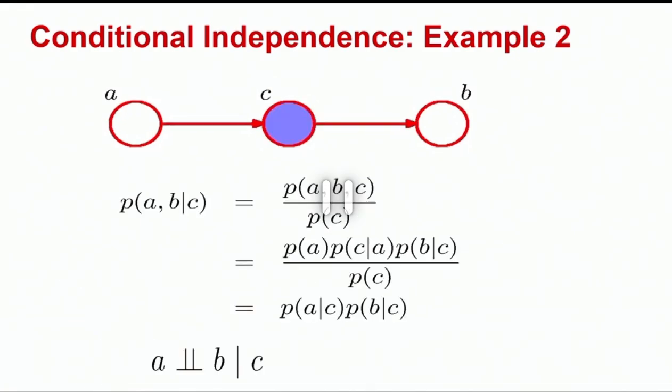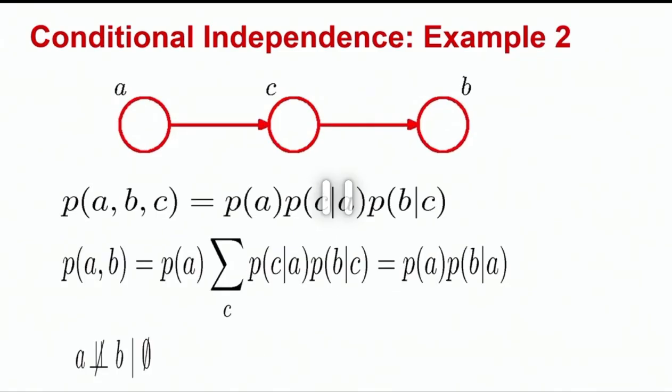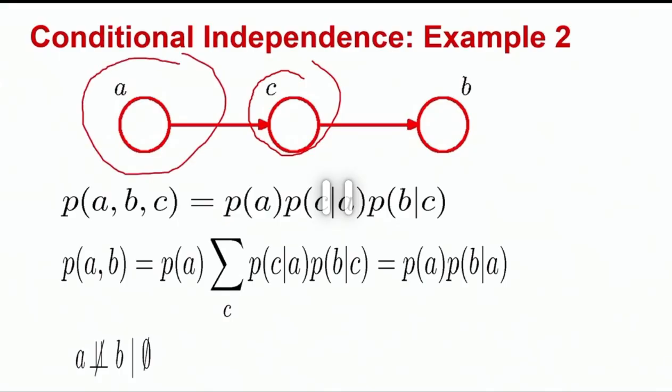There's another one. If you take a look at this, I did not shade C, which means I did not observe C. When I do not observe C, I'm expecting A and B to depend, to have a relationship. That is what this is saying here.